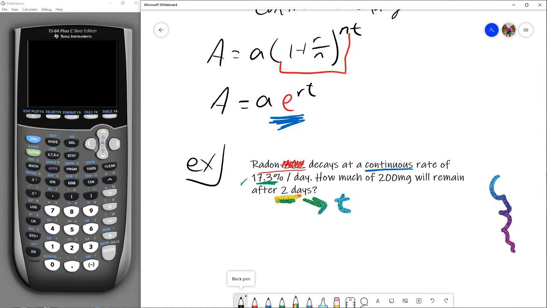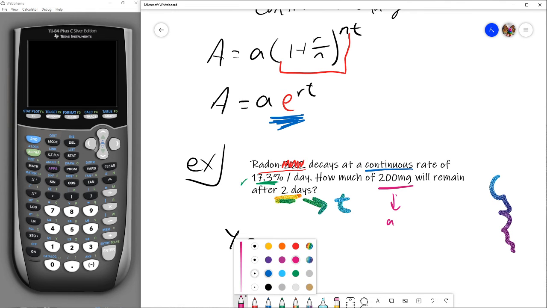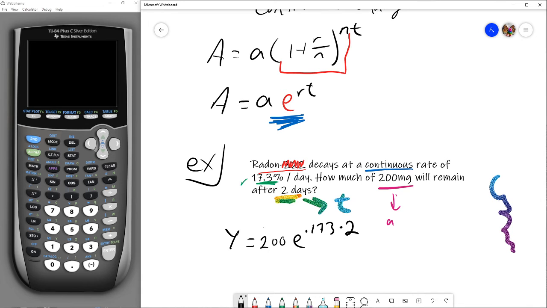Alright, back to math. Y is equal to... How much of 200 milligrams? That has to be our A. So we have 200 milligrams of radon, times e to the 0.173 times 2.